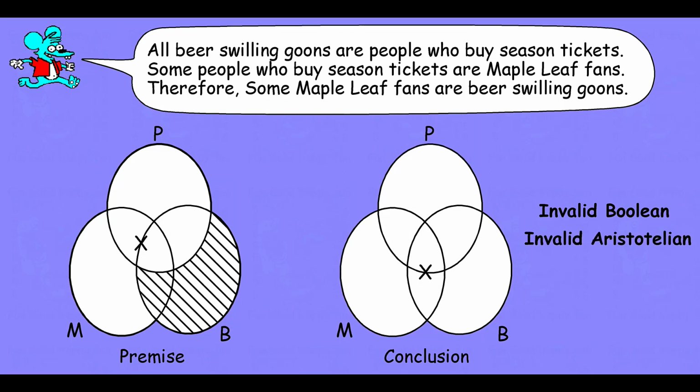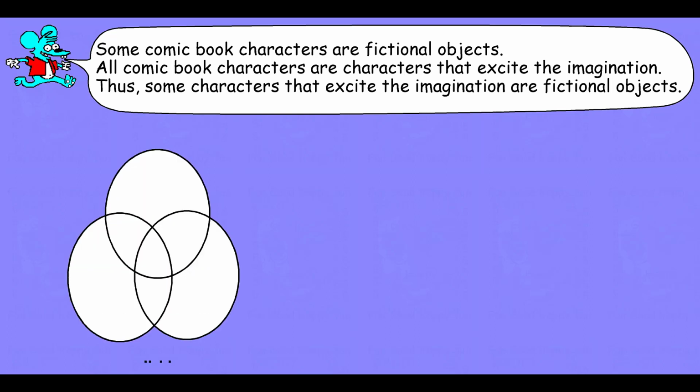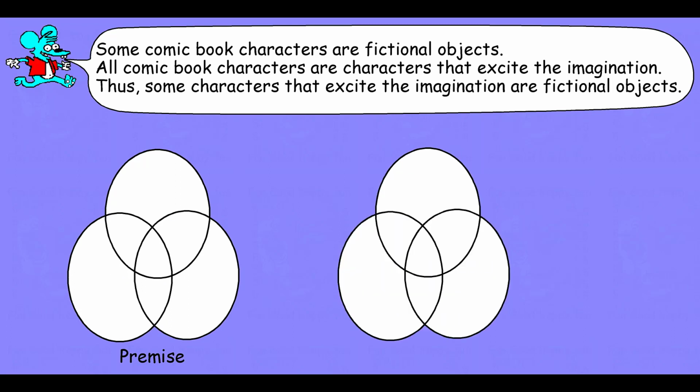Let's try another case. Suppose I have an argument that says some comic book characters are fictional objects. All comic book characters are characters that excite the imagination. Thus, some characters that excite the imagination are fictional objects. Again, I'll put in my premise diagram and my conclusion diagram.